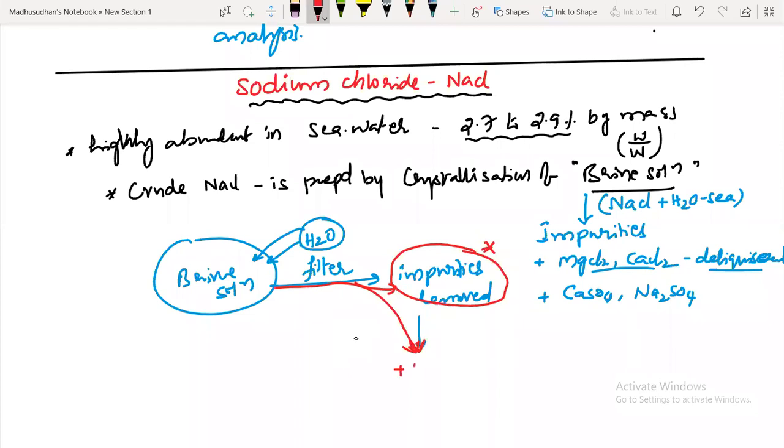Here we will add some HCl. Hydrochloric acid gas is added in the second step. What is the first step? Addition of water, filtration, impurities removed. The second step, HCl gas is added. Then from this, pure sodium chloride crystals will come out.